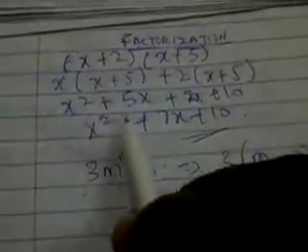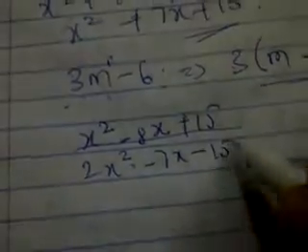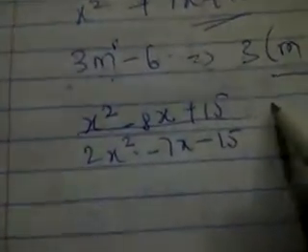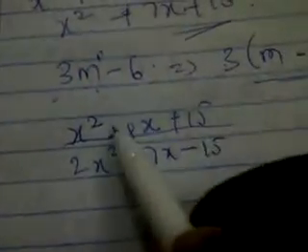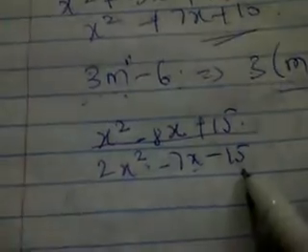Now this is a factorized form of this one. Now the second question we were asked, remember, was x squared minus 8x plus 15 divided by 2x squared minus 7x minus 15. Now this is also a good example of factorization, because for the numerator we're going to factorize it, and then the denominator we will factorize too.